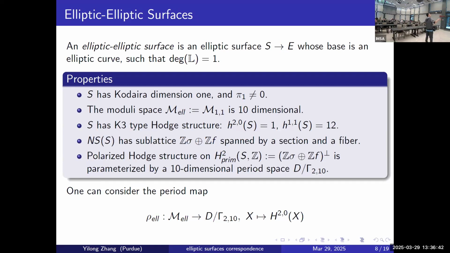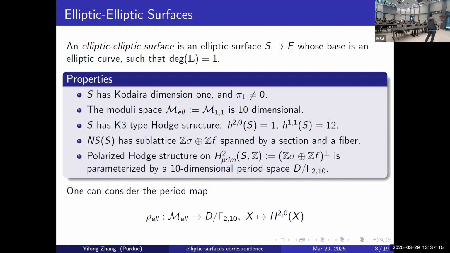I just mentioned its Hodge structure actually looks very similar to the K3 surface because it has only one 2-form. Now let's think about what is going to be the Hodge structure. It is a polarized Hodge structure, meaning that we have a fixed section and a fixed fiber. The elliptic surface always has these two curves, and you take the complement of it, and that's going to be a polarized Hodge structure with Hodge numbers 1, 10, and 1.